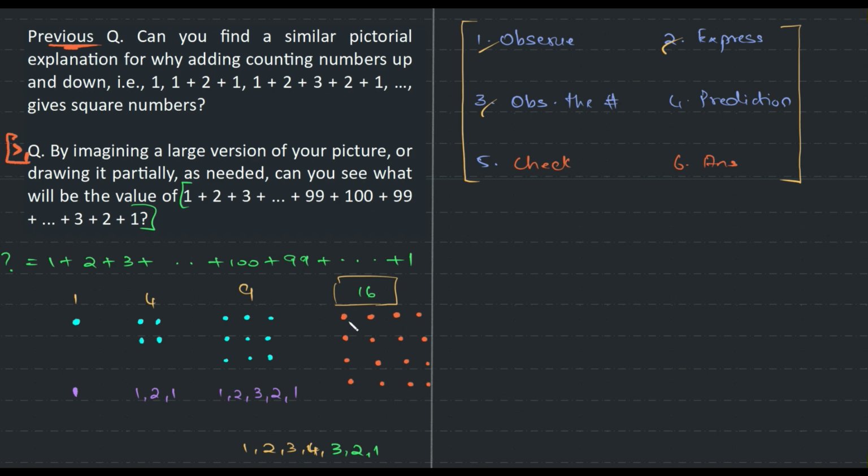That's what this sequence is about. So this says nothing but 4 and 4. This will add up to 16. So we predicted and we checked, everything is right, and so we can continue to answer.